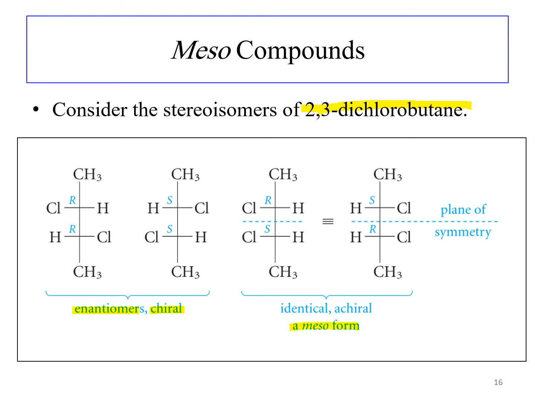It is achiral because if we put the plane of symmetry in this case, if we divide this molecule into two parts, the two parts are exactly equal to each other. They are identical. So we call it achiral, and the important name used for such a molecule is the meso form.